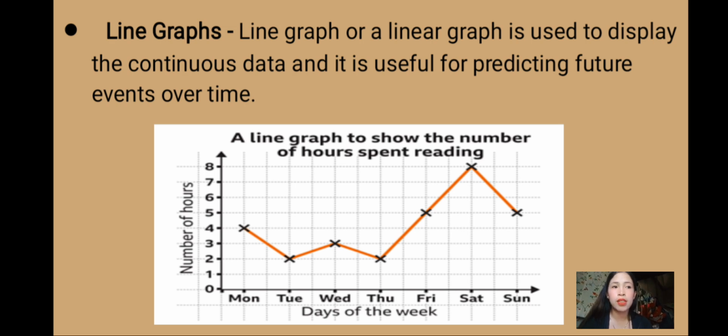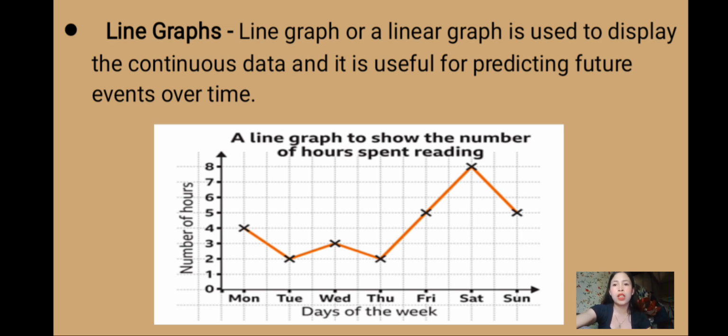And last is on Sunday, you read 5 hours. So here, makikita mo talaga every day how many hours you spend on reading. So through this line graph, makikita mo kung ilang oras ka nagbabasa sa isang araw or in a week.